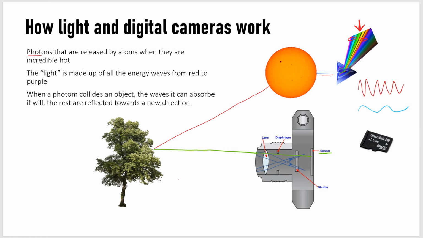This sensor, it's not the best rectangle in the world, but it'll do for this example. As it picks up that single photon, or that collection of photons coming from the leaf, it will record a green color on a bitmap, being an image file on your computer.